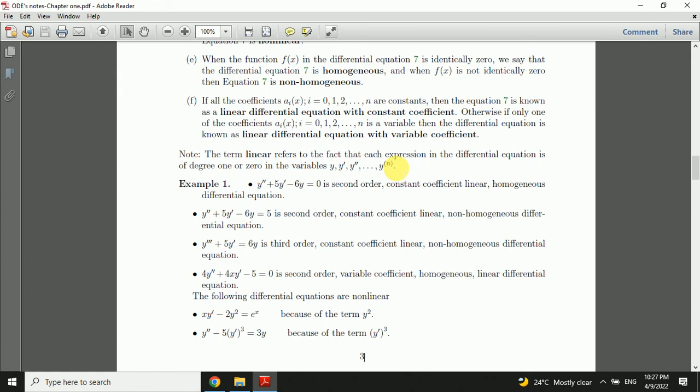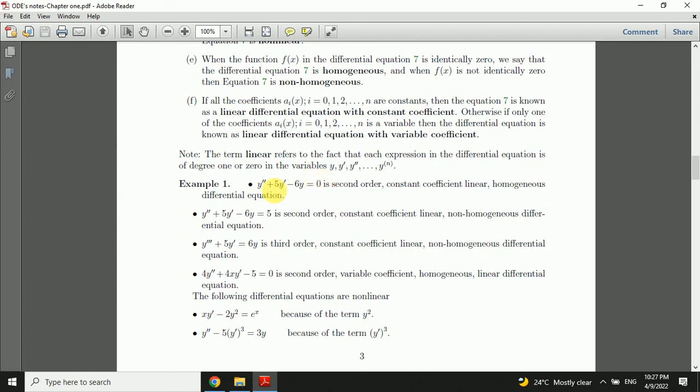differential equation. We have some examples here. y prime prime, this is raised to power 1, plus 5y prime, y prime is also to power 1, minus 6y, y is to power 1. So everything here, every power on the unknown variable and the corresponding derivatives, is 1.